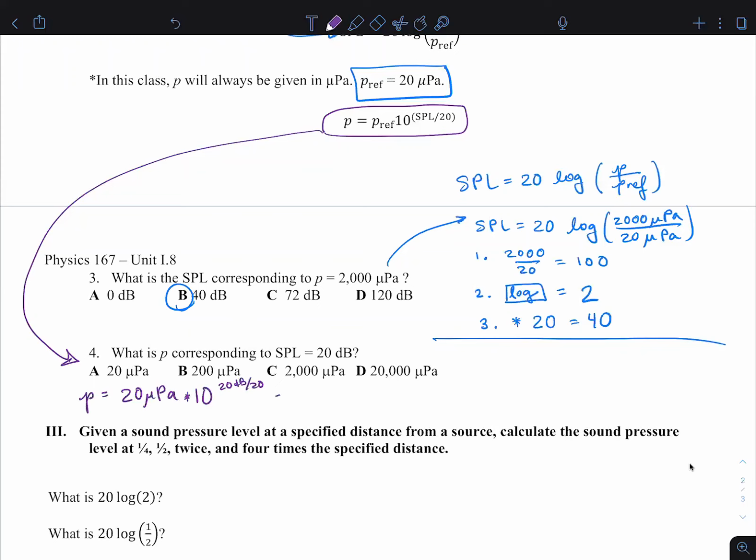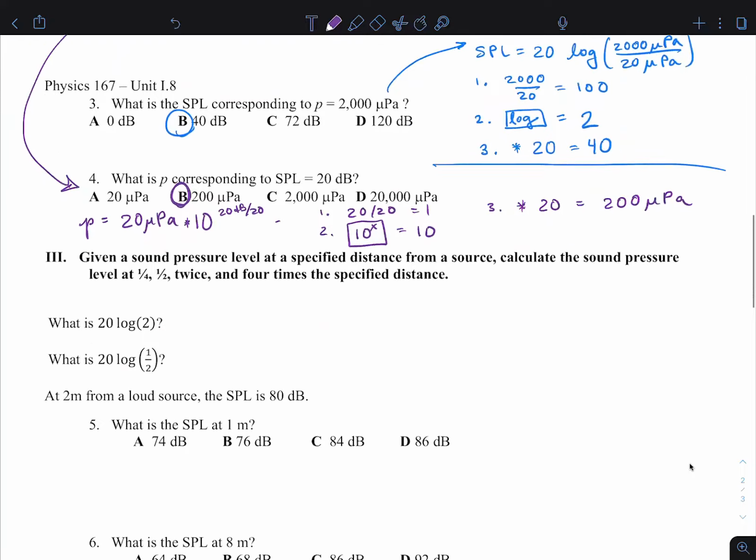On your calculator, you would divide 20 by 20 and get 1. Then you push the 10 to the X button and you would get 10. Then you multiply by 20 to get 200 micropascals.